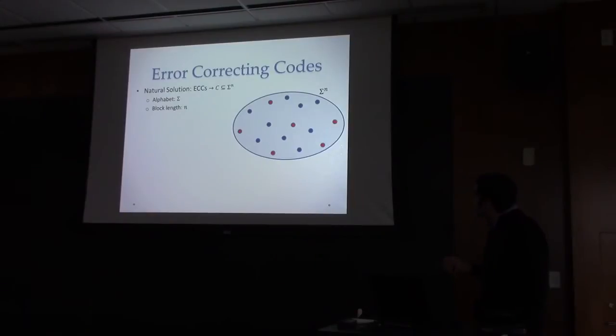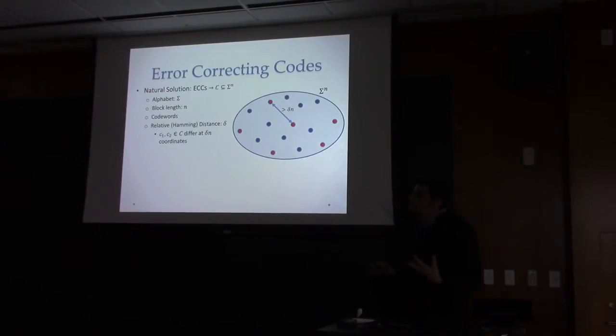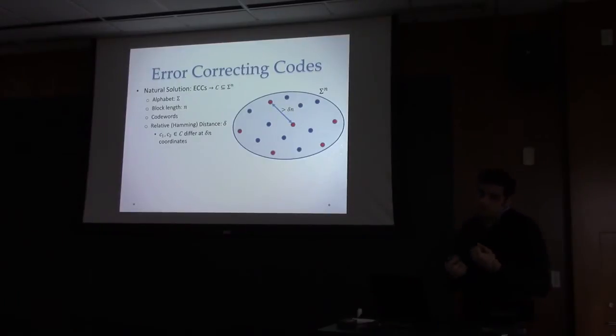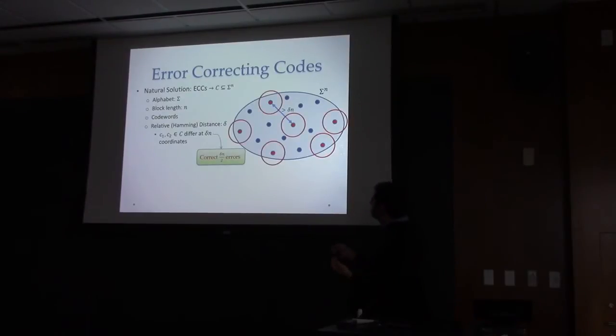Now, this set C is a subset of sigma to the n. If we have this nice property that any two members of C are far enough from each other, or in other words, the number of positions in which any two members of this set differ is greater than delta times n, where delta is some constant between 0 and 1, we can actually correct delta n over 2 many errors.